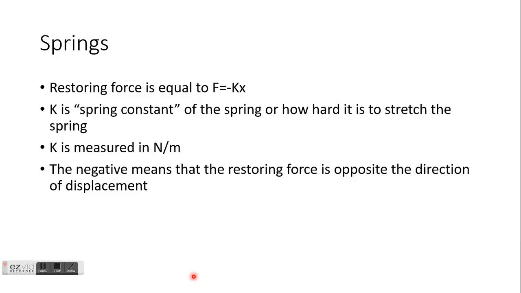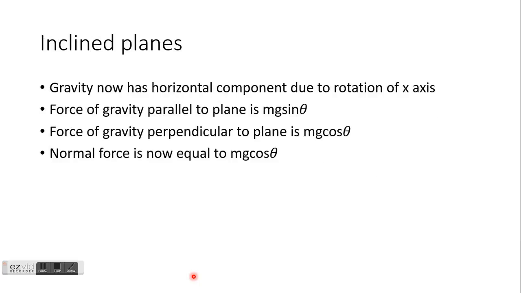It's measured in newtons per meter, and x is the displacement. And remember with vectors, the negative just means opposite direction. Since this is a force, it's a vector, so the negative means it's opposite in the direction of the displacement.